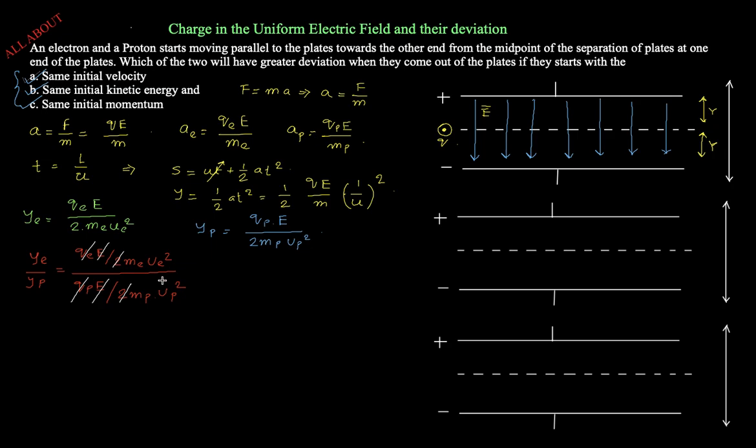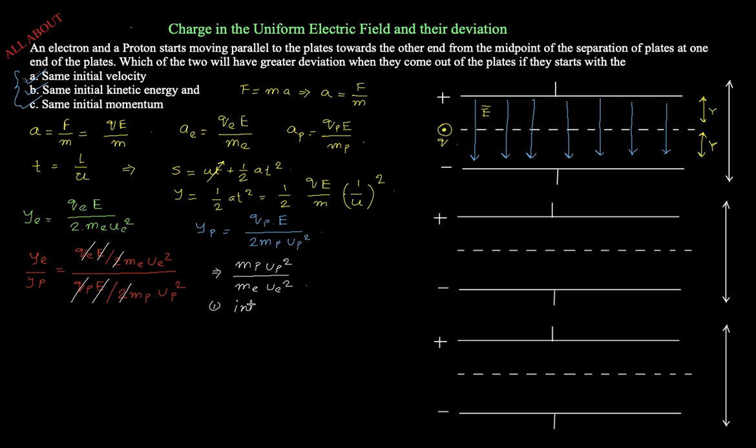So that means the outcome becomes YE by YP equal to MP into UP square by ME into UE square. Now the initial velocities are the same, as in case 1.